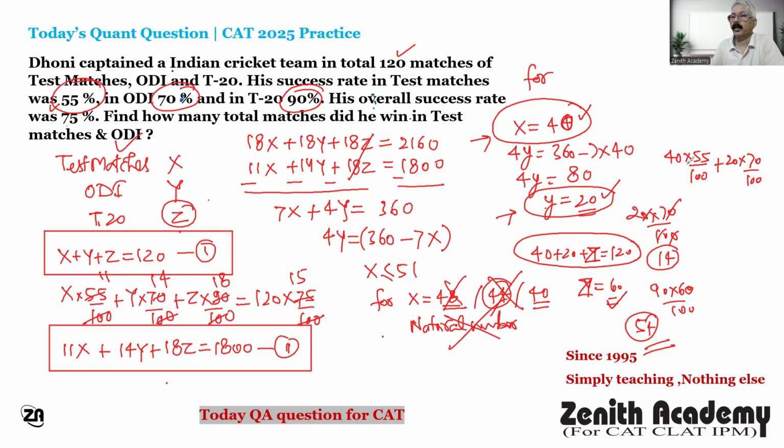So this is 22 and this is 14. 22 plus 14 is 36. So overall, in test matches and ODI, he won 36 matches. This is our answer. Got the point?